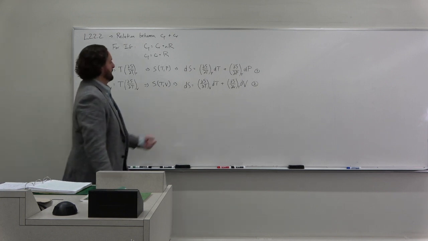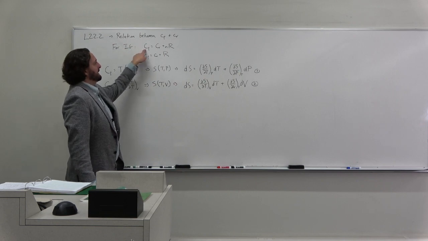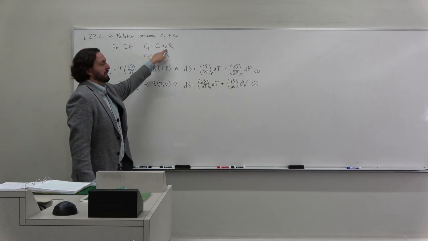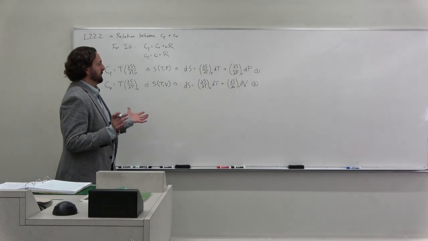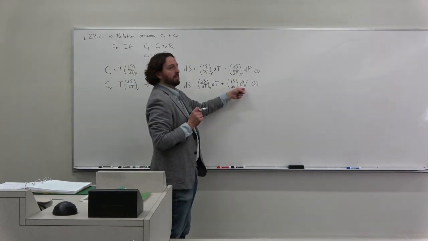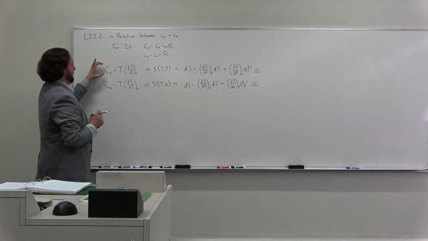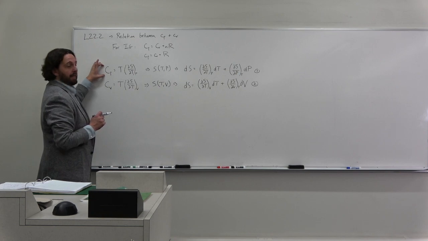Now, I kind of want to structure this solution like Cp equals Cv plus a term. That's basically our general form. So what we're going to want to do is get rid of this dV. We're going to want to write Cv in the variables that Cp has.